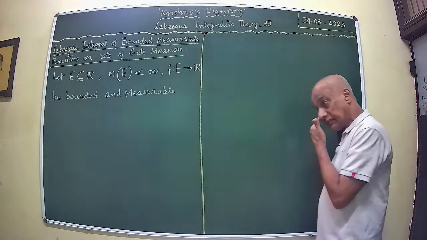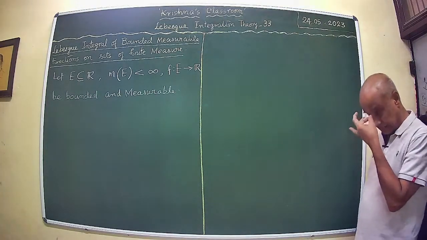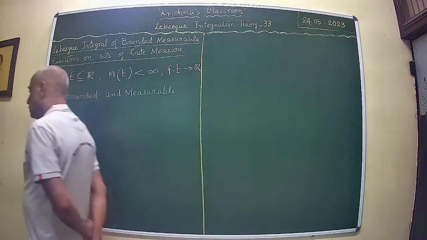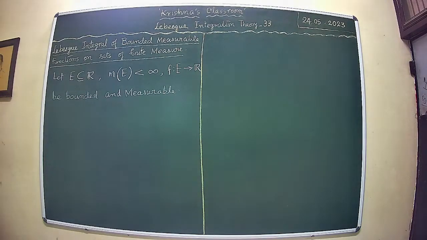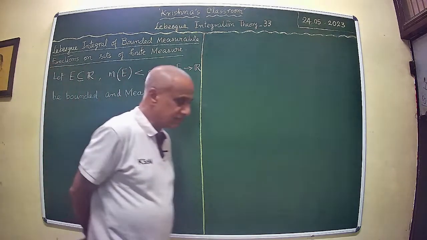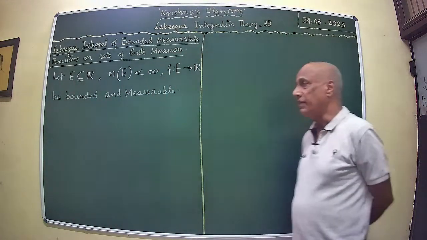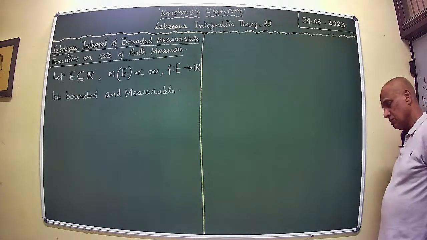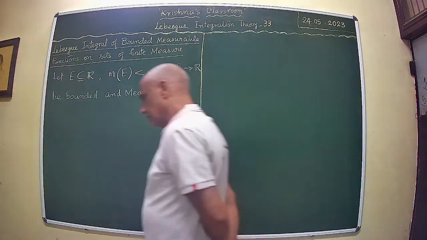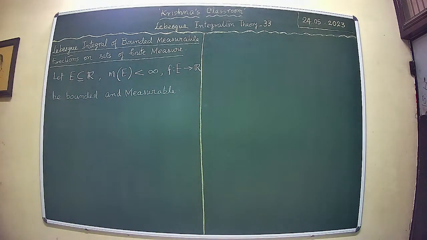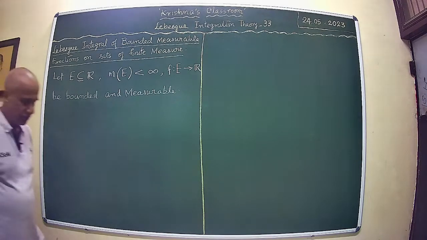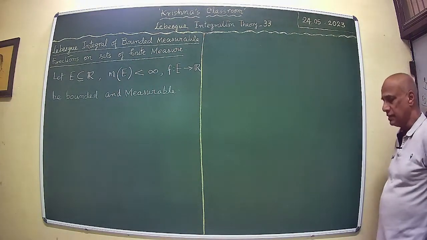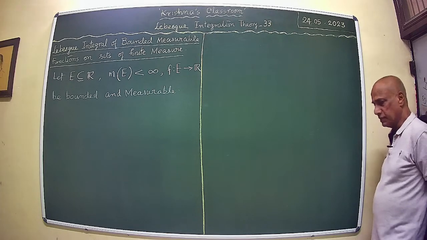Now, as we did for the Riemann integral, if you recall, we used step functions and we approximated the function with step functions from below and from above, because we were working on bounded intervals and the functions are assumed to be bounded.